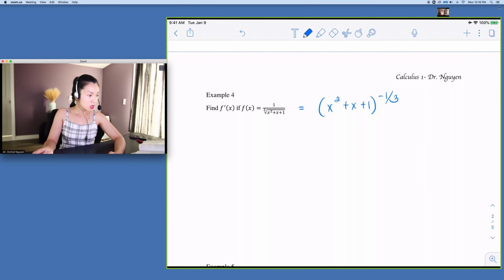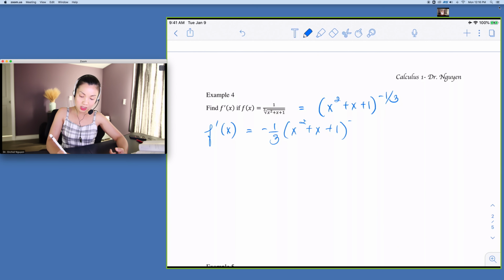Okay, so from there, we're going to take the derivative. The derivative of the outside is going to be negative 1/3 (x squared plus x plus 1), and then you have to subtract 1 from the exponent. So negative 1/3 minus 1.